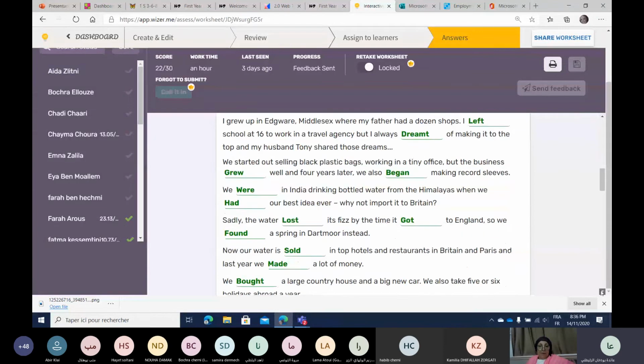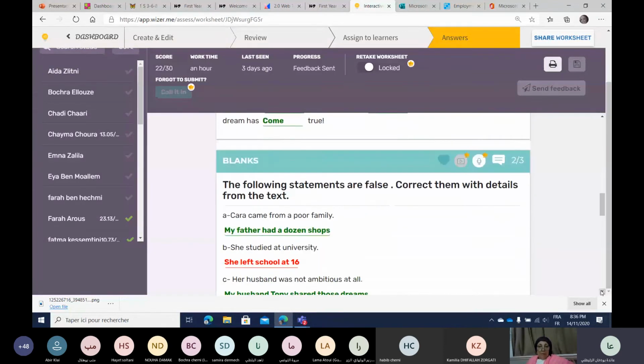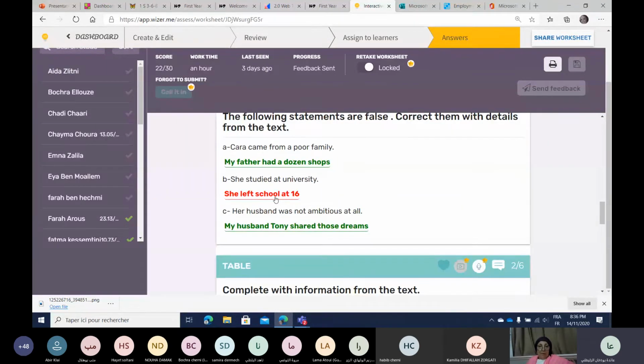If it is not correct, that is, if there are mistakes, or if, for example, here she left school at 18, I might accept it as an acceptable answer. So I do this, and then the grade changes automatically, and I send the feedback to the student.